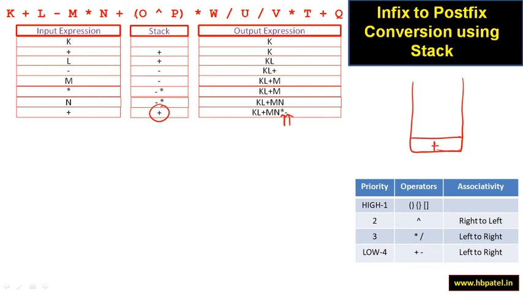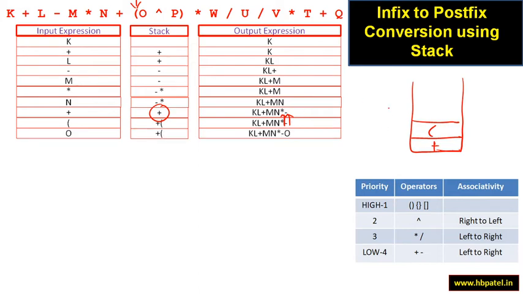Now let us take this bracket. What will happen in case of the bracket? We simply push it. Now next comes the O, so I put O over here. Next comes raised to. Because parenthesis has the highest priority, I can push anything over here, so that raised to goes to the stack.